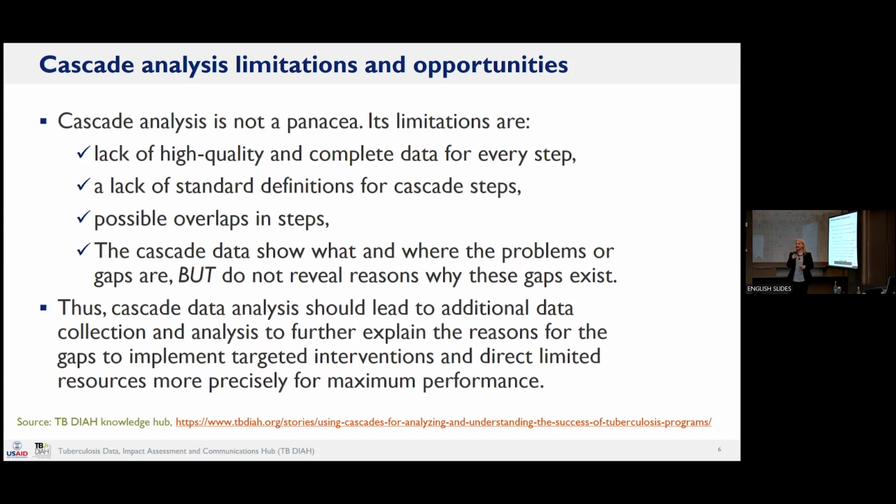So in order for the cascade analysis and the diagram that we receive in the end to be true, to reflect the truth and to show the real gaps, it needs high quality data. So it all depends on the quality of the data that we would use for the analysis.